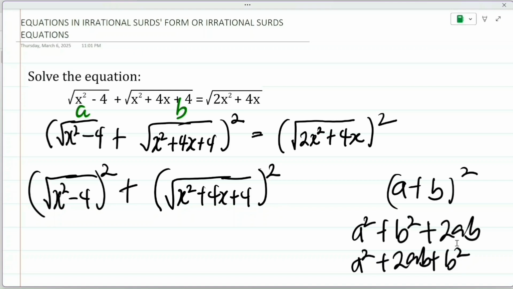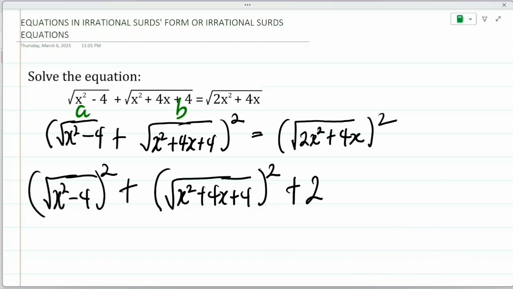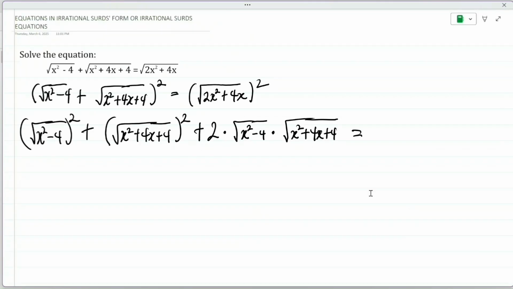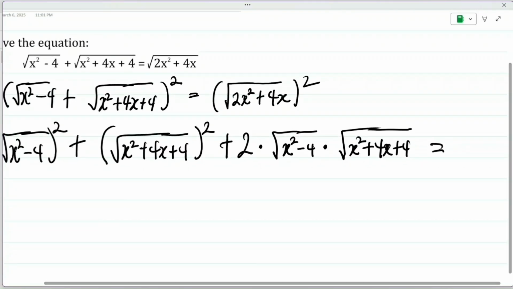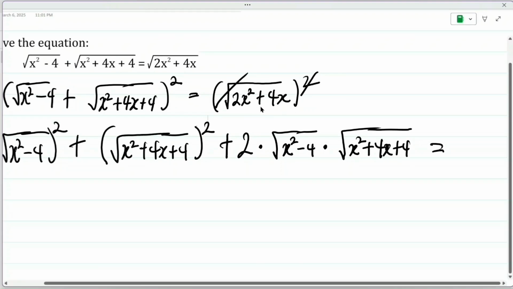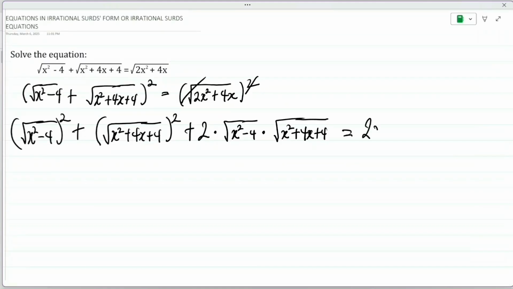Then you have plus 2ab, and you can use your dot as times: a, that's square root of x squared minus 4, times your b, which is square root of x squared plus 4x plus 4, equals. On the right, your square cancels your square root. Since the two terms are under the square root, not minding that they are linked by addition, you have the result as 2x squared plus 4x.